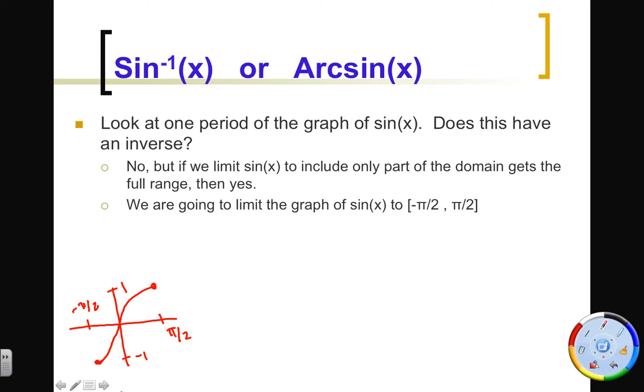Well, the reflection across the line y equals x, my range values become my domain values. And my domain values become my range values.